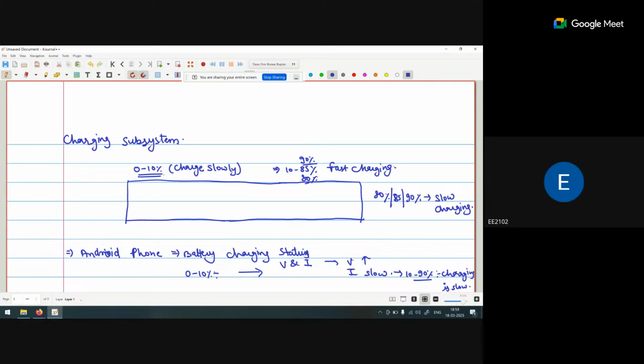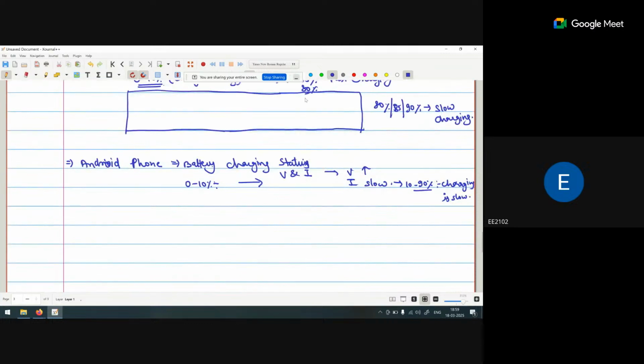Now from 11 to 80 or 85 or 90%, voltage is almost constant, and current is increasing.